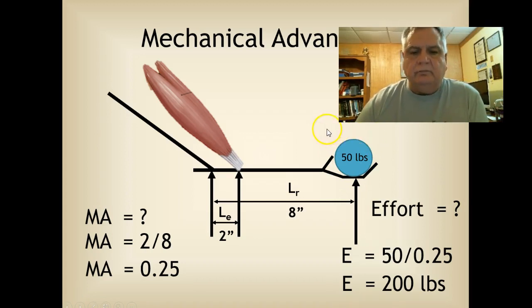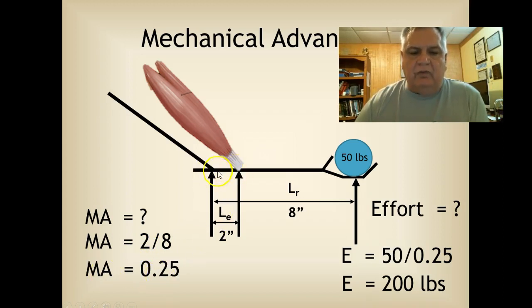But still, let's say, for example, that we take this bicep muscle and we move it out a little bit further. This would be kind of ridiculous, but let's just say we move it to 4. Now the mechanical advantage would be equal to 4 divided by 8, or 1/2, so the mechanical advantage would be equal to 0.5.